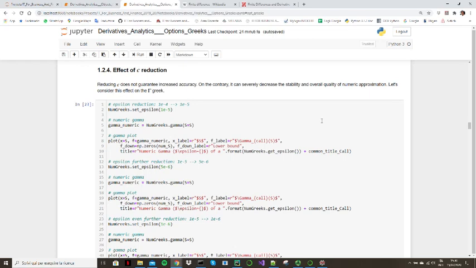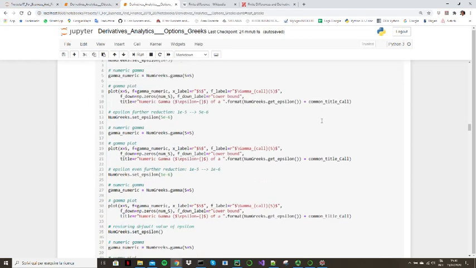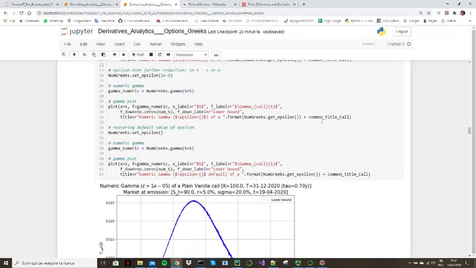But this is not always the case, because since we are implementing this on a computer, there are truncation errors due to the finite precision of the machine that lead to very unstable results if you take an epsilon that is too small.